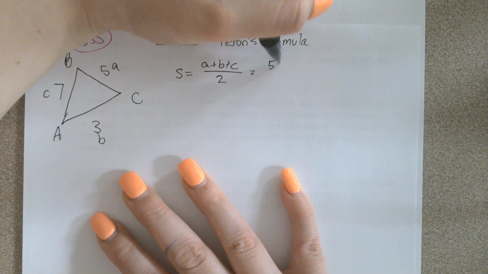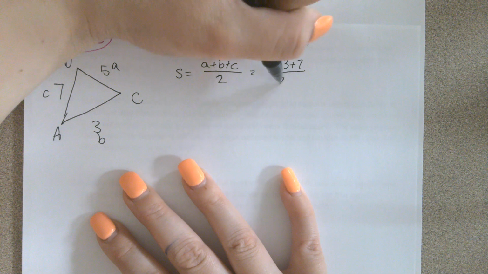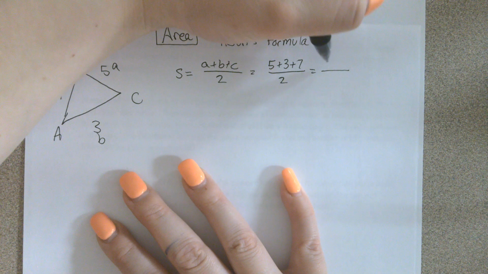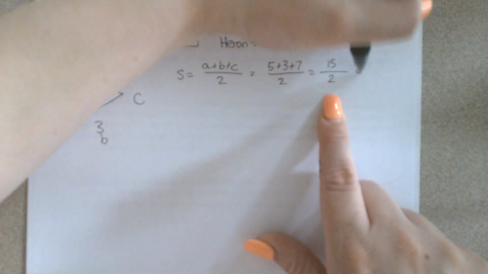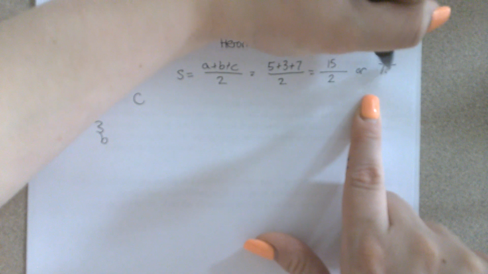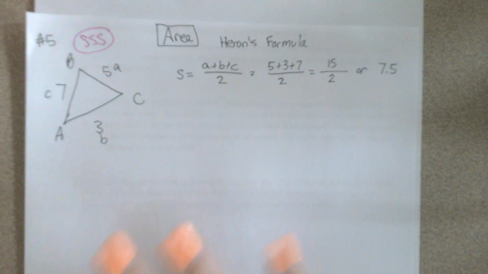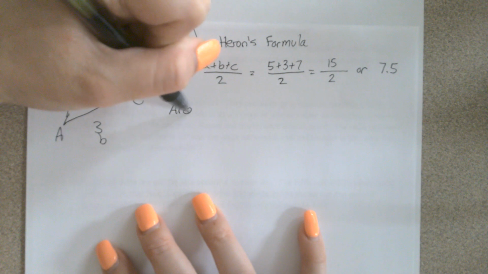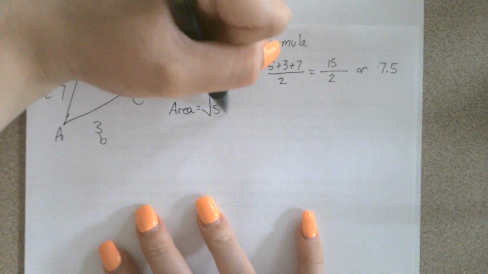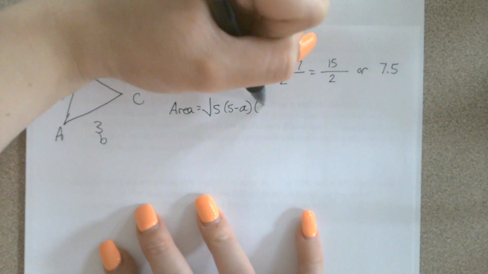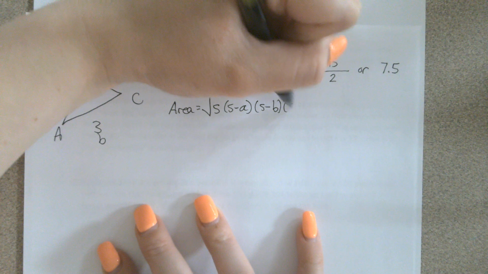So we have 5 plus 3 plus 7 over 2, which is 15 over 2. Now you can use 15 over 2, or you can write it as a decimal. It's very nice, 7.5. Now plugging it into the area formula. The area is the square root of S times S minus A times S minus B times S minus C.